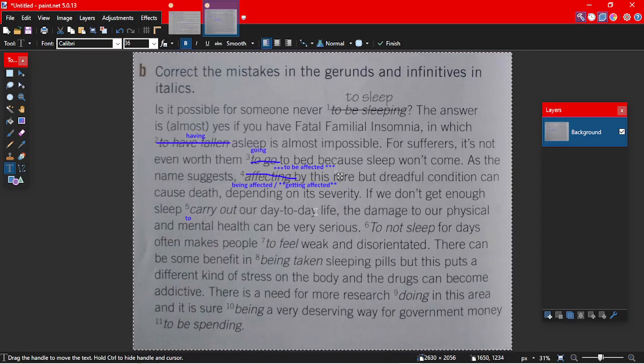To be affected by this rare but dreadful condition can cause death depending on its severity. If we don't get enough sleep to carry out our day-to-day life.